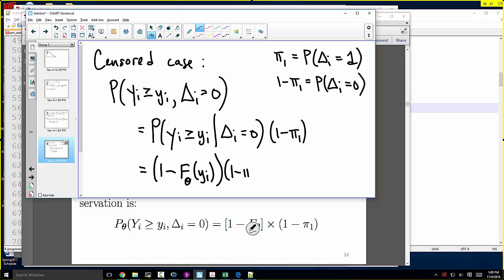Remember, the CDF is equal to a left tail probability. Capital F of y would be the probability that y is less than or equal to y. So if I want greater than or equal to y, I can do 1 minus the CDF.